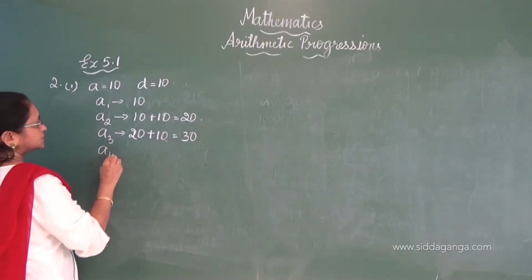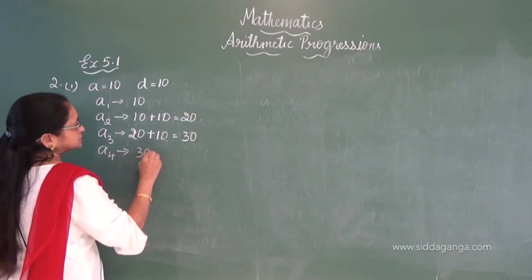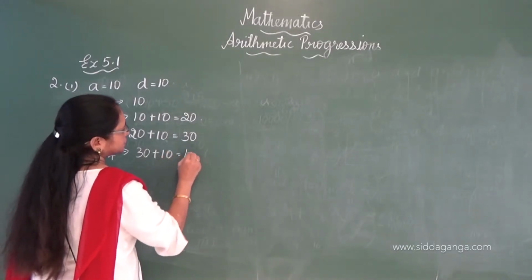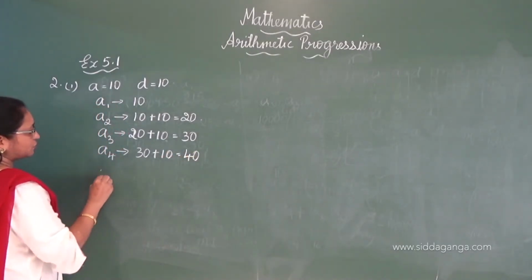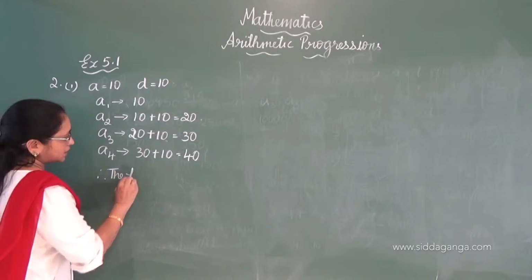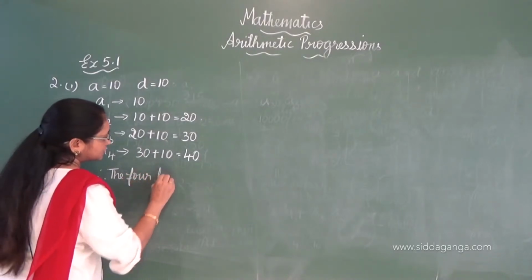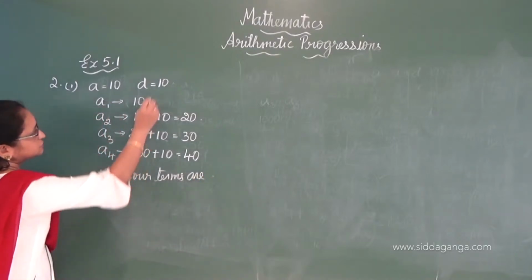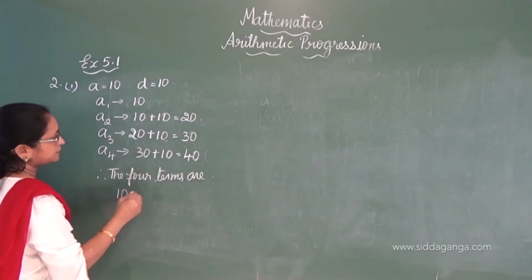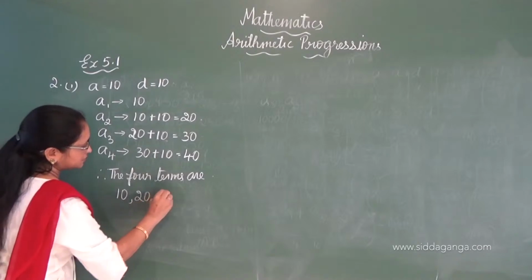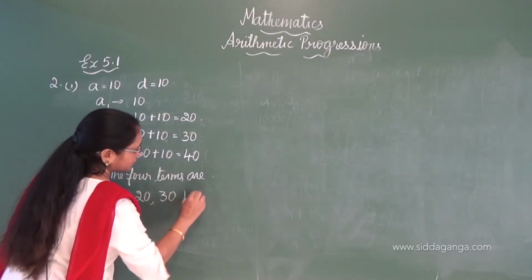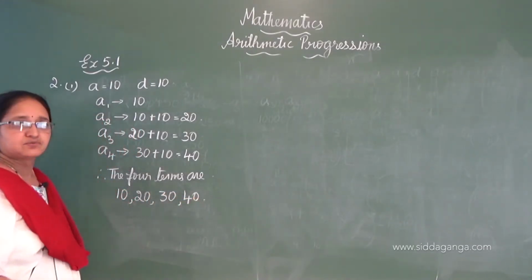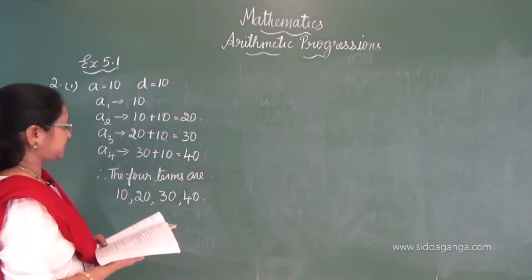So A4 is 30 plus 10, that is equal to 40. So therefore the 4 terms are: 10, 20, 30 and 40.